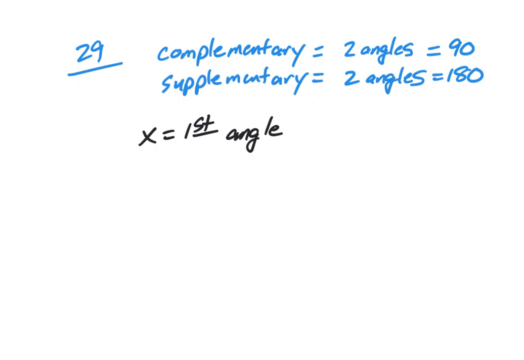How would we write that? 15 more than twice an angle. Okay. Close. 2x plus 15. Yep. Because we have that twice word in there also.